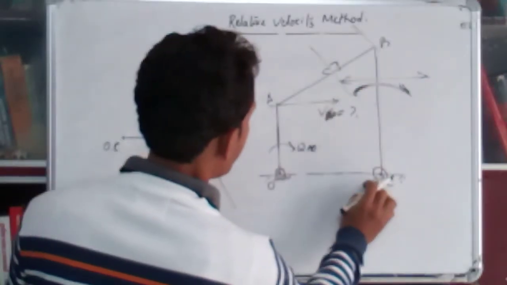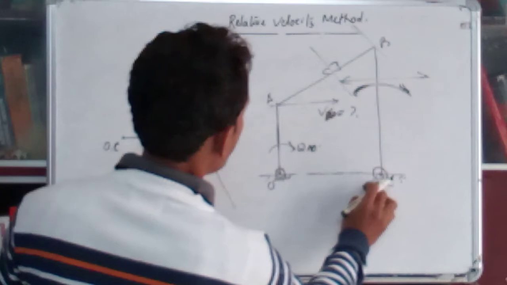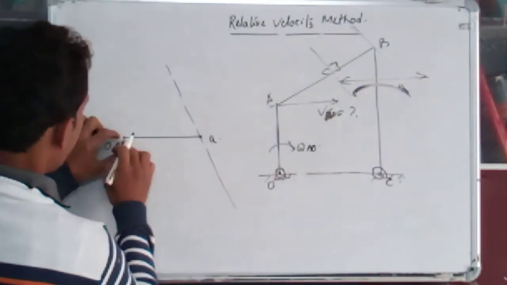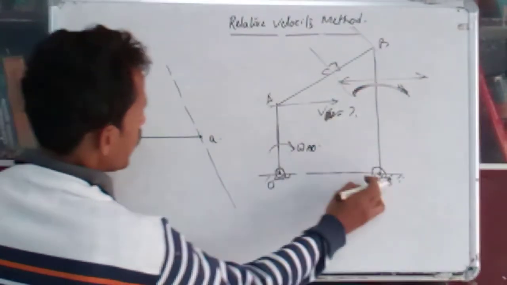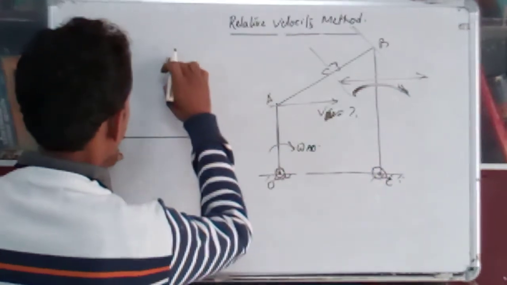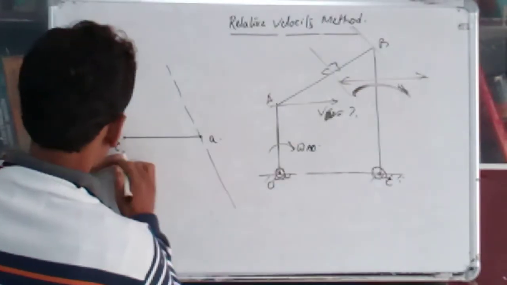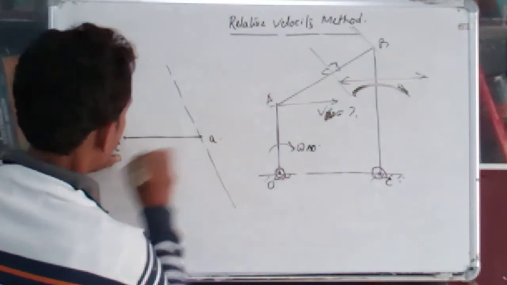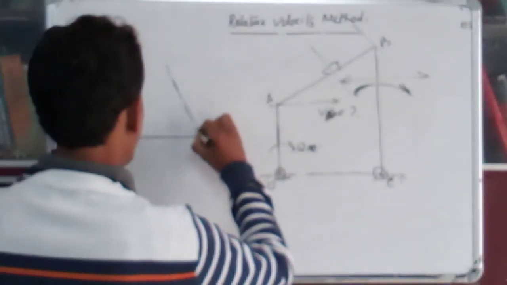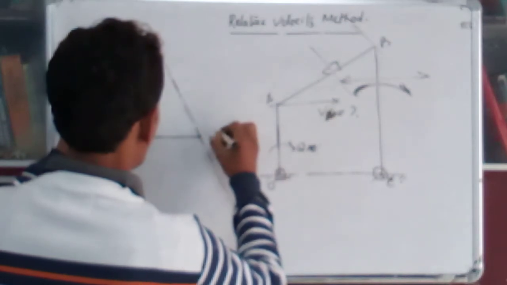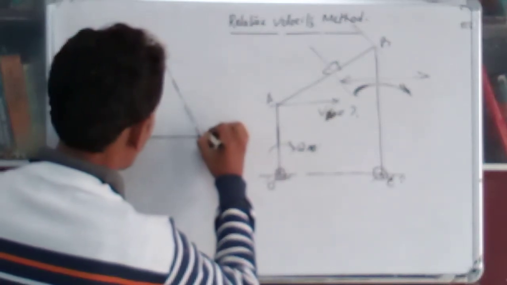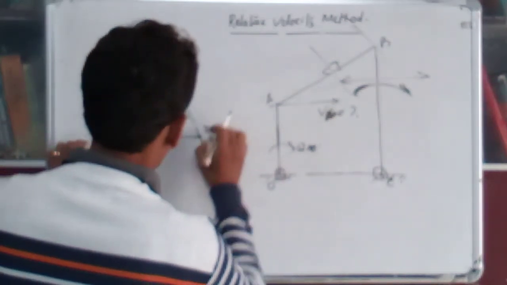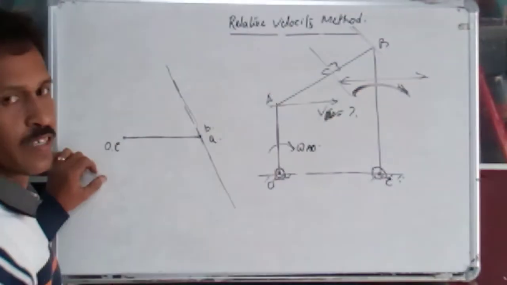So from C, you draw another line, and it is intersecting this line here. That means the point B lies at that particular point.